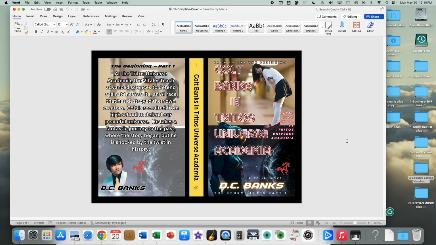There you can see I made the cover in Word, and this is a graphic insert, and then the spine is a separate graphic insert. Like I said, if you'd like to see how I dimensioned that and how I got it to fit perfectly, just give me a comment down below and I'll think about making that video shortly, hopefully in the next few days.